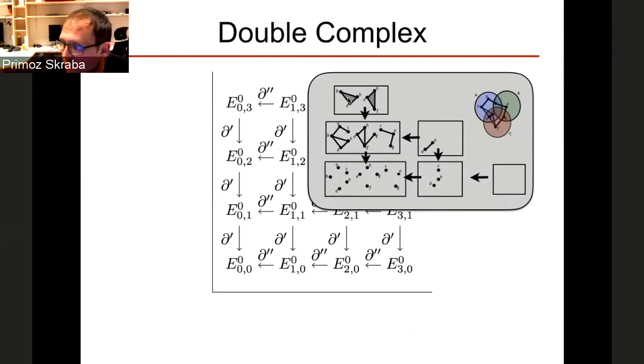So this triangle maps to this cycle, and then this cycle maps to these three vertices here, right? And so for each piece, you can take the boundary operator and then you just take the direct sum together. And here, the same thing for the pairwise intersection, right? You take each piece and it's a complex, so it has a boundary operator. So the vertical map is actually quite natural and easy to understand.